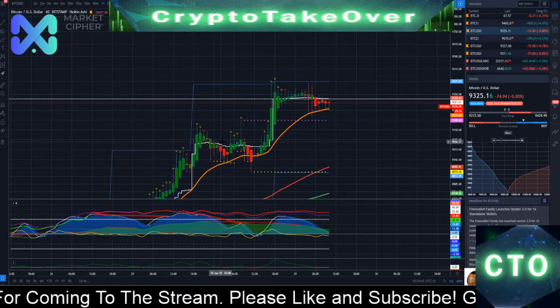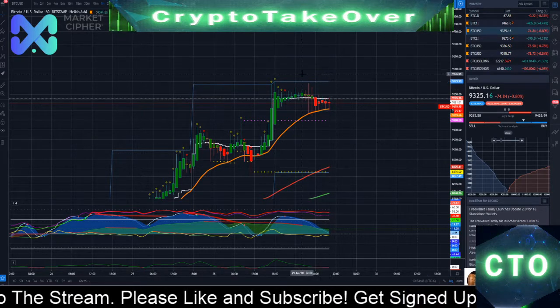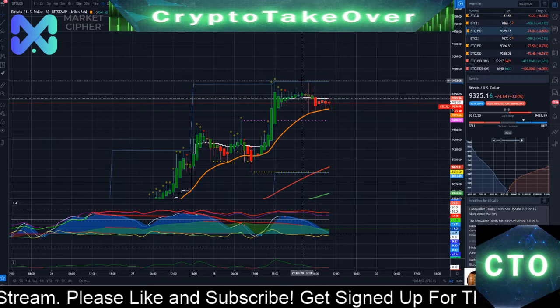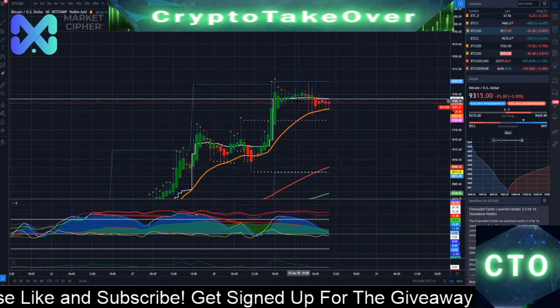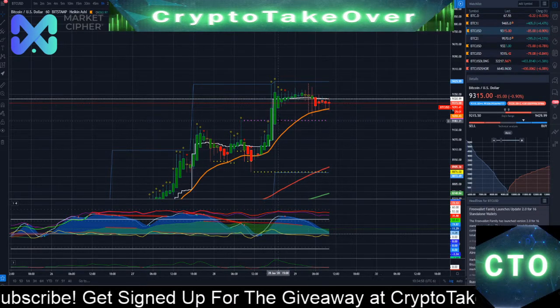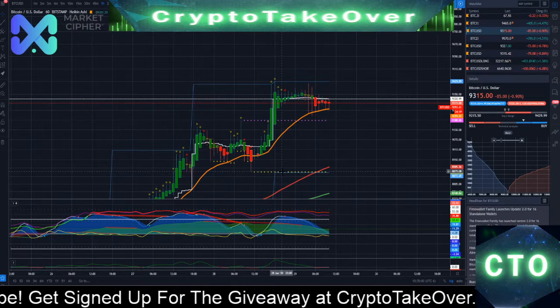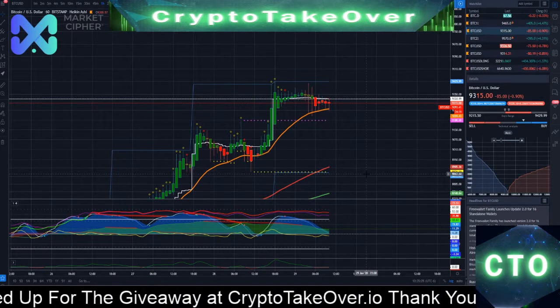The way I can explain Market Cipher SR is that you have your swing high and swing low pivots, and then you have your VWAP pivot as well, and then your green or your purple and yellow dots are some support and resistance levels as well.